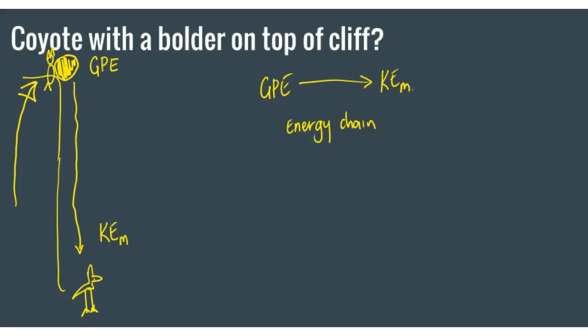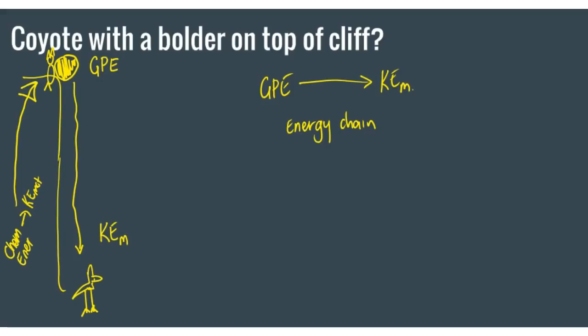So, in order to actually push that thing up the hill, he had to burn his chemical energy from his brekkie, and he had to push it up the hill, so he had to give it kinetic energy, motion energy, to push it up the hill, to give it potential energy, to then drop it on Roadrunner's head.